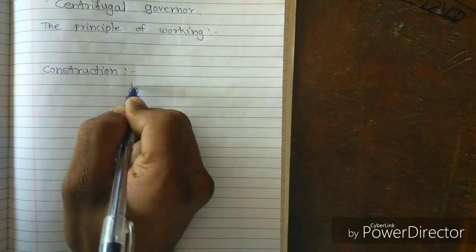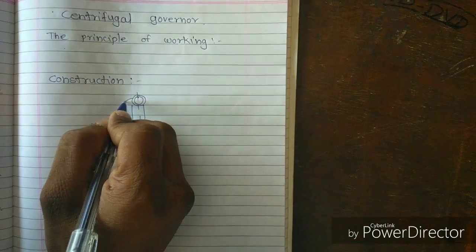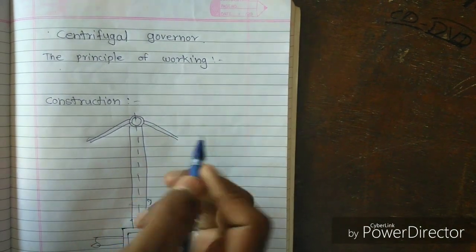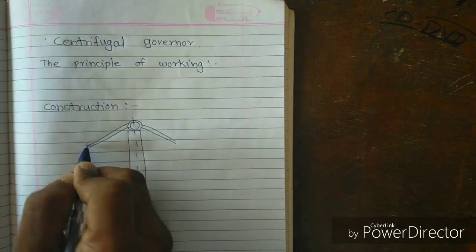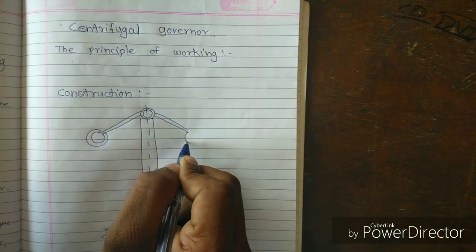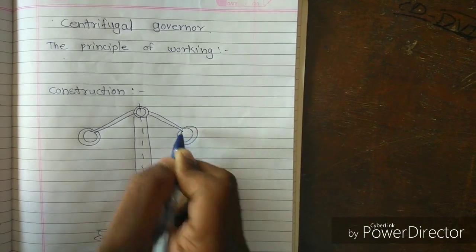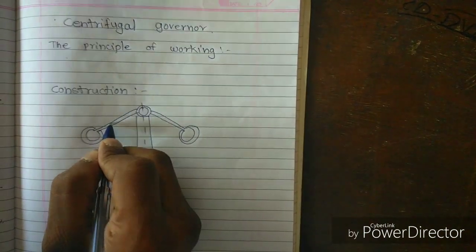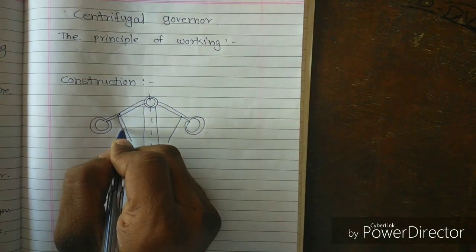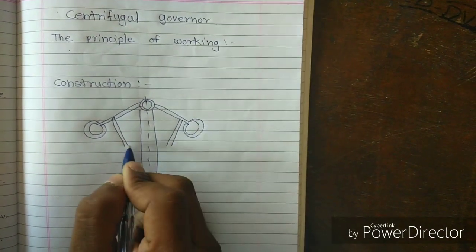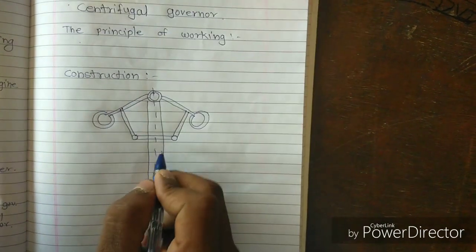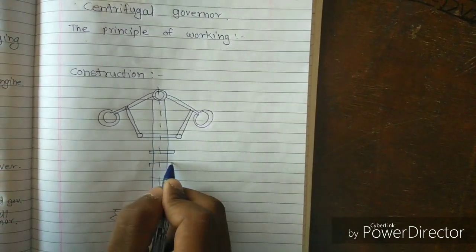At the top of this central spindle, the two upper arms are connected, and at the end of these two upper arms two equal fly balls are connected, and the two lower arms are connected at this point. These are called lower arms, and this is called a sleeve.